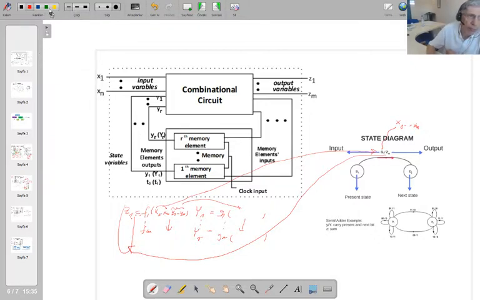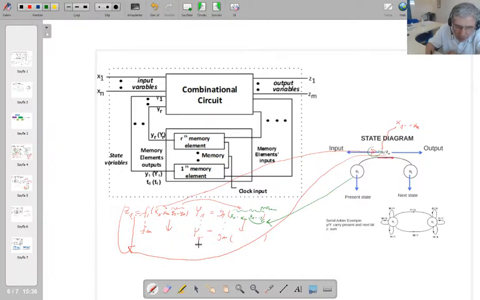Similarly, these next state functions represent another state, isn't it? So you've got here present state, that means y1 to yr, and you've got an input x1 to xn here. So if you know the present state, that means this. So if you know the input, that means this.